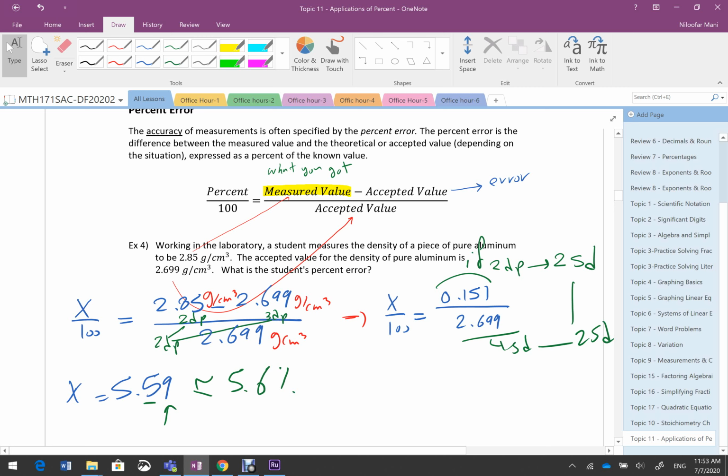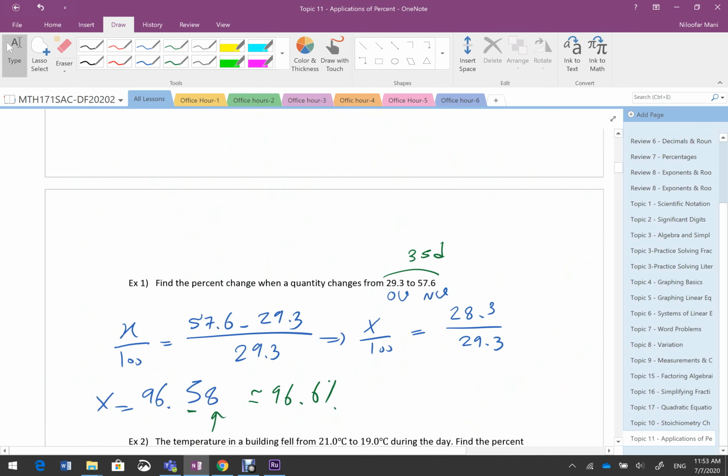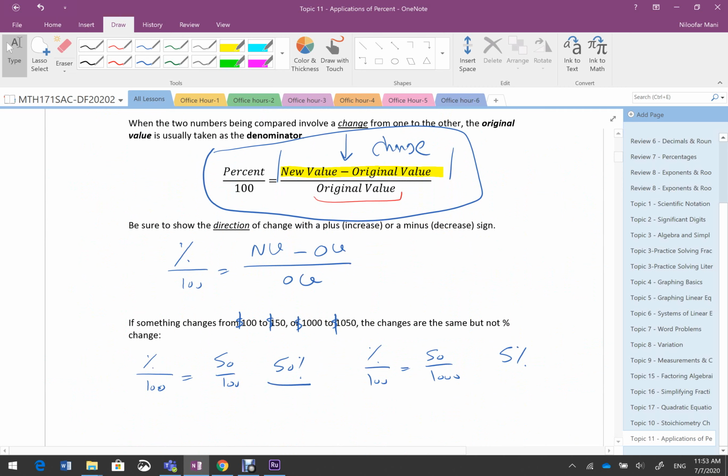That goes in the denominator. And when I talk about percent change, the original value is what I have, and I want to know the change compared to the original value. So I use the original value in the denominator.